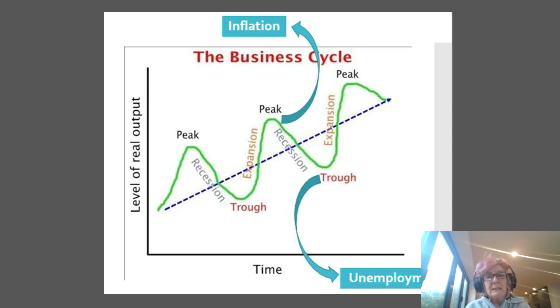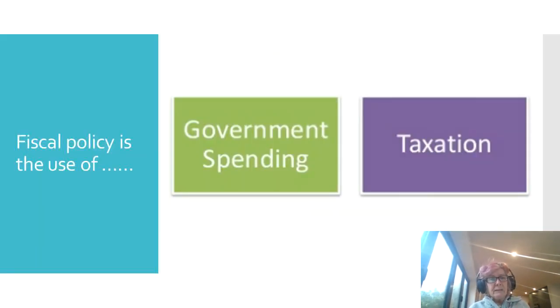So all of these policies are aimed at sustainable economic growth and at keeping inflation and unemployment at bay to some extent. So, as I mentioned, fiscal policy is all about government using government spending and taxation to try and make those adjustments just described to aggregate demand.